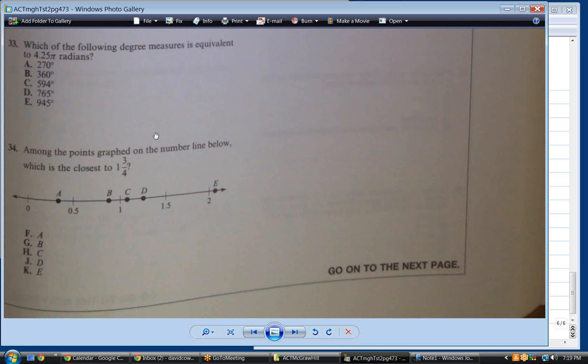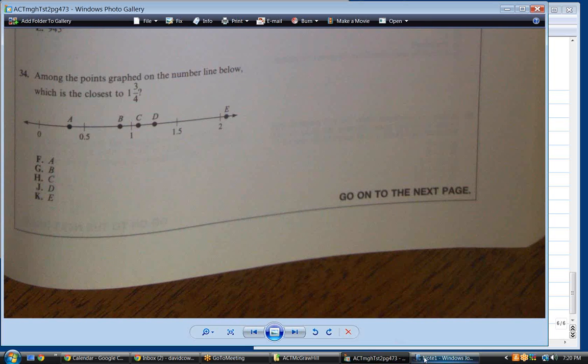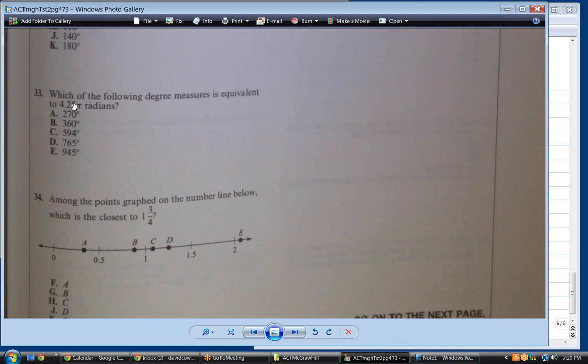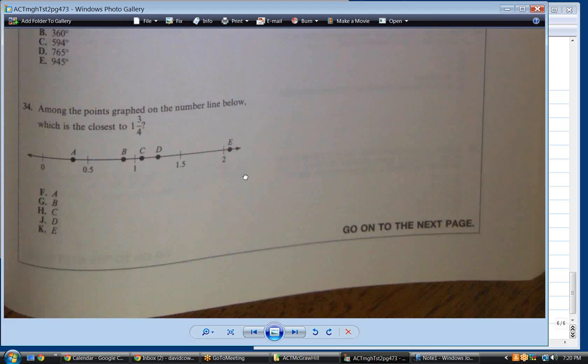What would 4 pi radians be? Double 360. So it would be 720, so what's our answer? D. Okay. And that's actually quicker to do than it would be on a calculator.